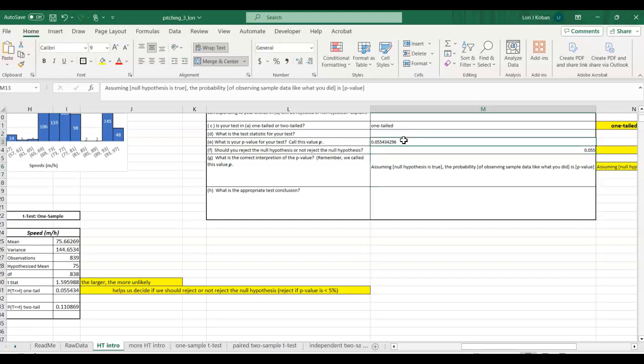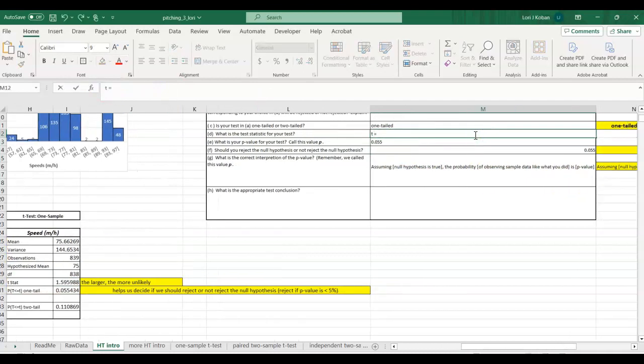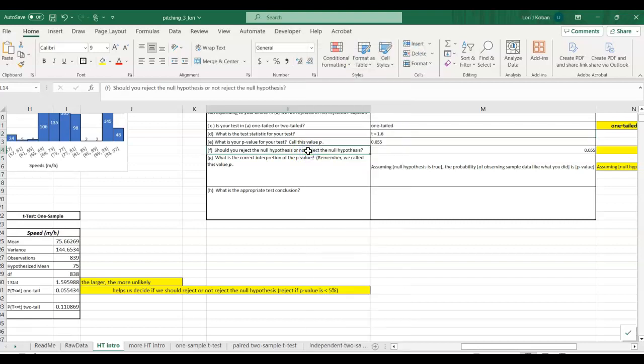All right, what is the test statistic? The test statistic, again, we said is 1.59. Let me just copy this. And it's a t-value. And let me just say it's about 1.6. Now, again, if those are big, that means that they're more unlikely. That's not so unlikely. Should you reject the null hypothesis or not?